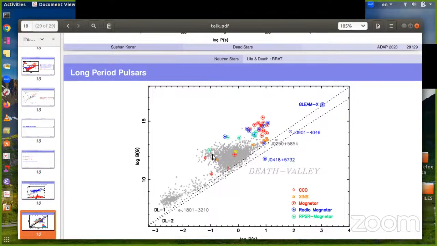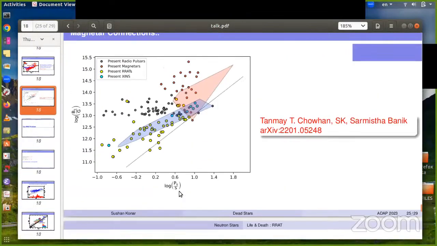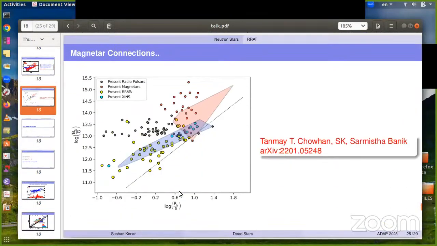And it is also possible that some of the RLATs might be coming from there, because in this problem that I have shown before, yes, here, we looked at some of the strong magnetic field radio pulsars from this region and tracked their evolution. We have not really looked into the evolution of the strong magnetic field radio pulsars that are there.